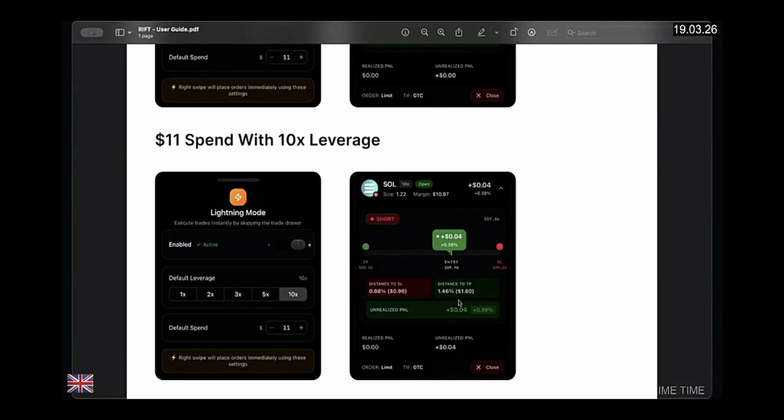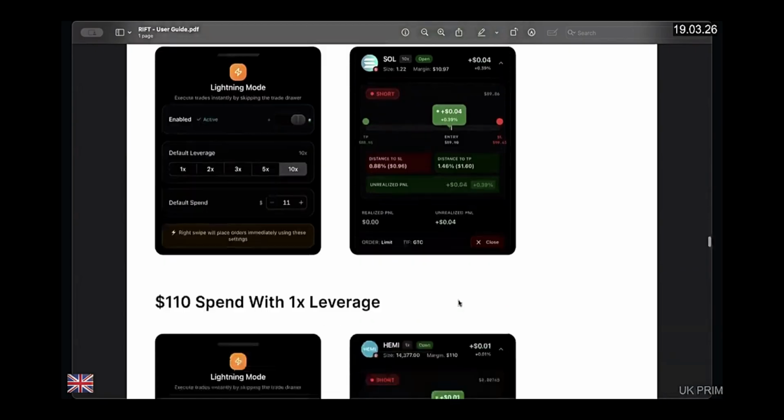It is the detailed trading infrastructure that we have built for everyone, depending on the risk appetite, depending on the amount of capital that you want to trade with. Everyone can use Rift, starting from $11 to $11,000 to $11 million. Any amount of ticket can be used to trade on Rift.